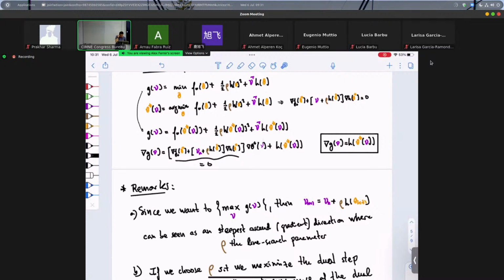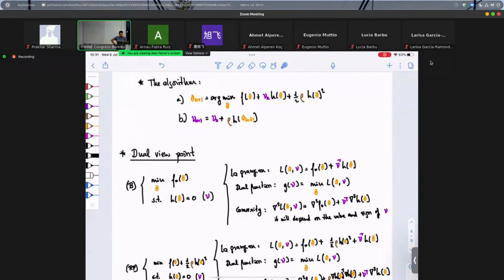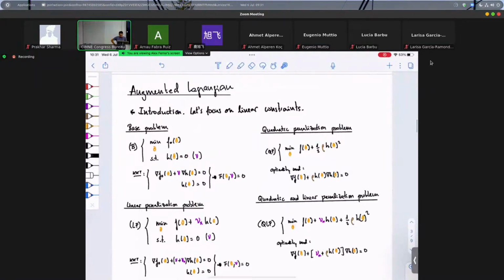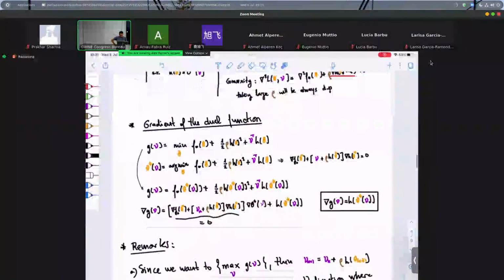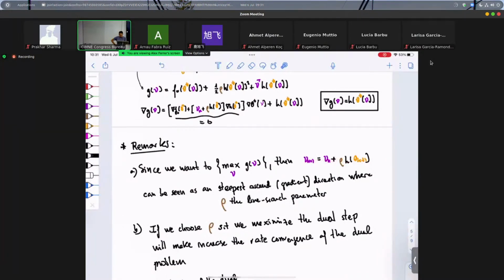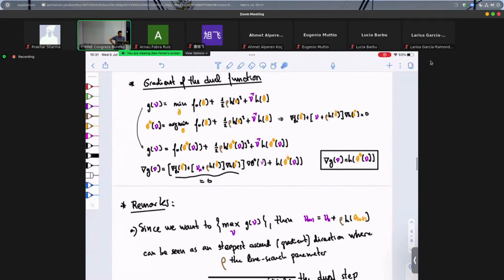Look, since what we want to do is to maximize the dual, remember the dual is a lower bound of the primal and you want to maximize it. Then if we take this iteration of the dual variables, the one that we said wanted to make this similar to this, then this problem of maximizing over nu is the gradient algorithm.